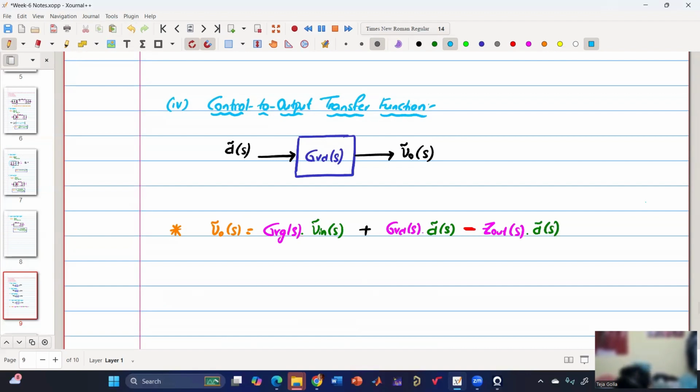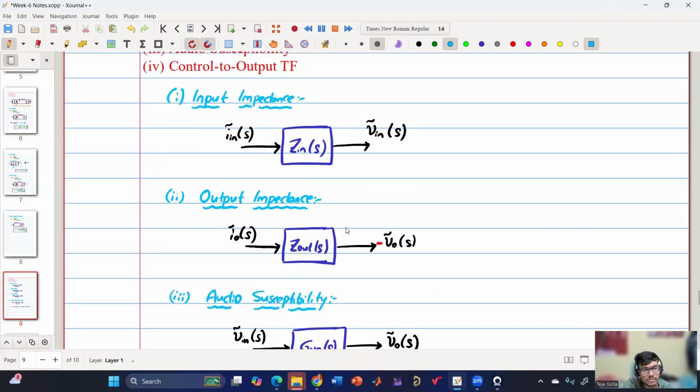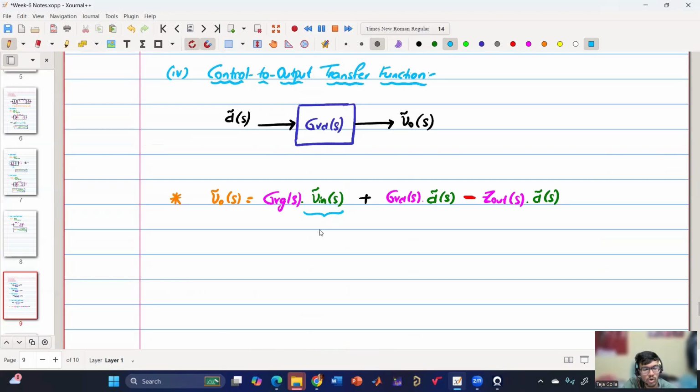Also, I know that what is V in perturb of S, if we write it in terms of another transfer function? I want to write V in perturb of S in terms of another transfer function because I have only three transfer functions. One transfer function is missing, and V in perturbation of S is dependent on the missing one.